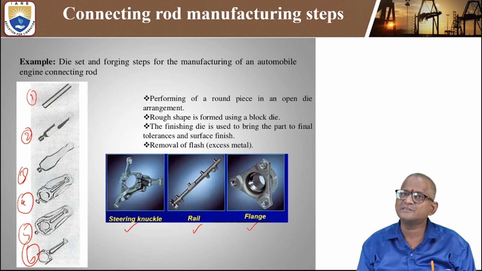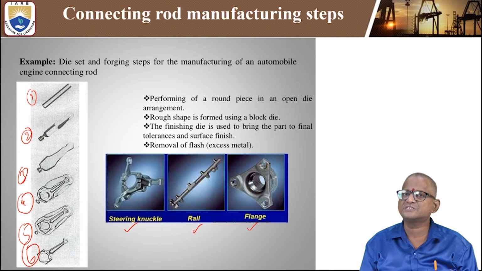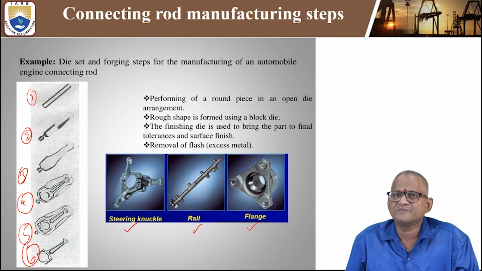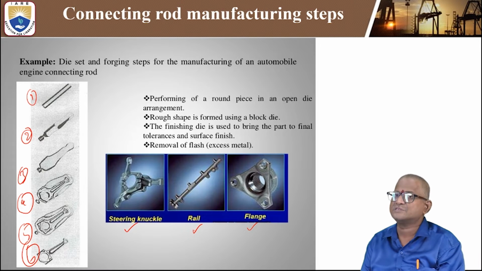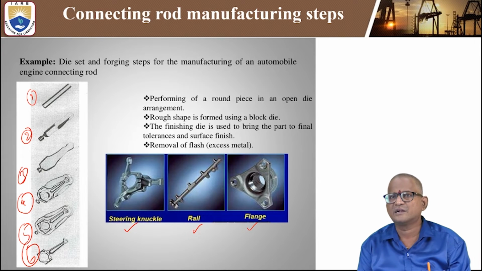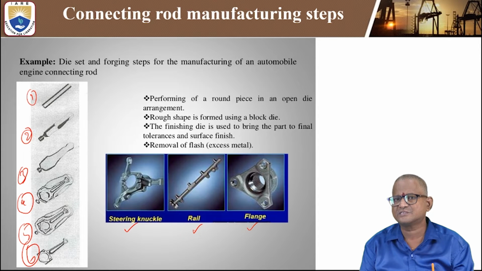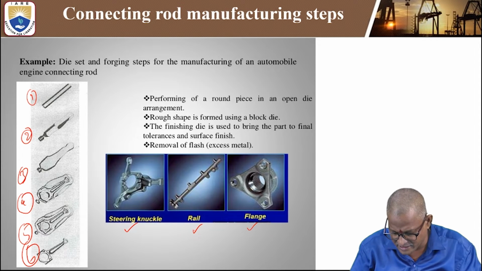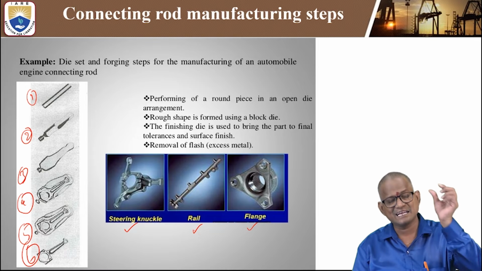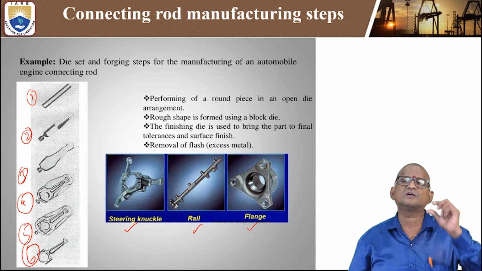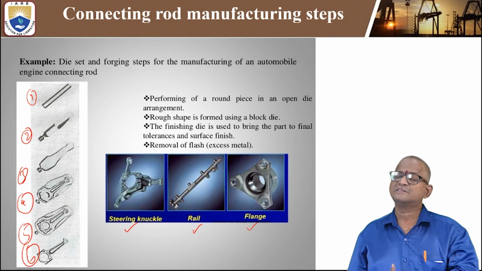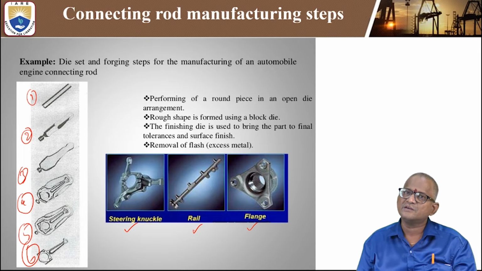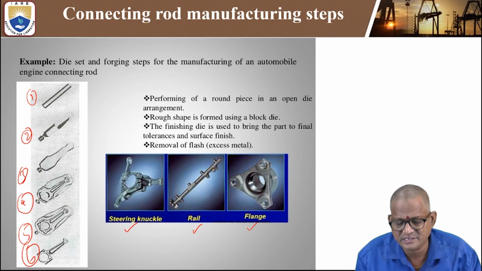Another important thing is the connecting rod manufacturing steps: the die set and forging steps for the manufacturing of an automobile engine connecting rod. I know that in all the colleges, as far as the manufacturing process is concerned, whenever students are in the laboratories they can understand clearly the concept and working procedure of the components easily, and only then can they apply all these manufacturing steps.